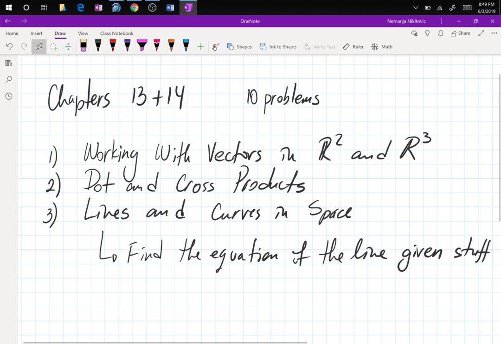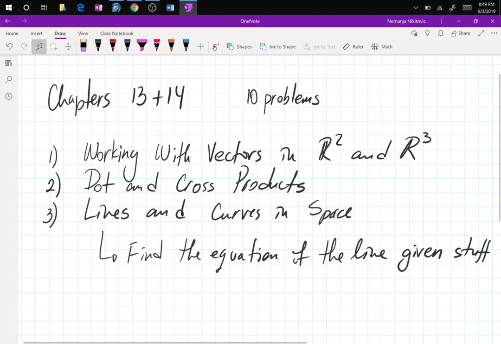The line could be parallel to something, meaning to another line. Well, if the lines are parallel, then they have the same v vector. The lines can be perpendicular, and if the lines are perpendicular, then you can figure out the vector that needs to dot into it, so you can get 0 in a dot product and so on.